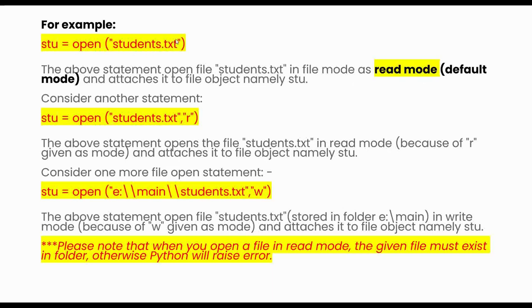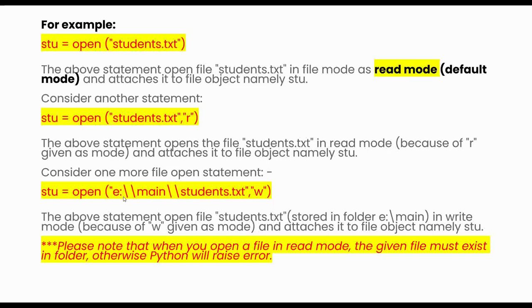I will repeat again: in the open method, you can provide only the file name. You can miss out on the mode, and then by default the open method treats the mode as read mode. Or if you want to specify it, you can specify it with R as the read mode. If you're writing into the file, then you have to specify W.